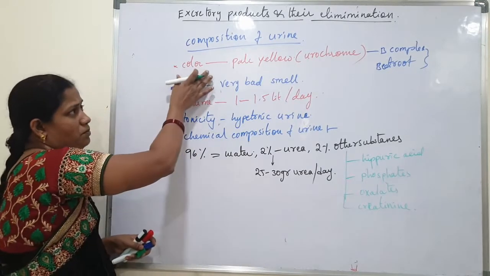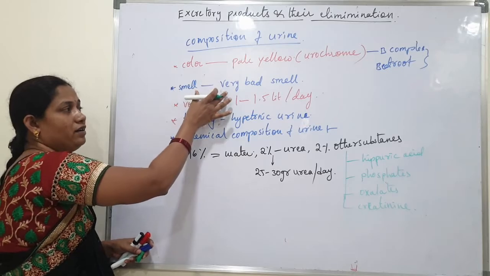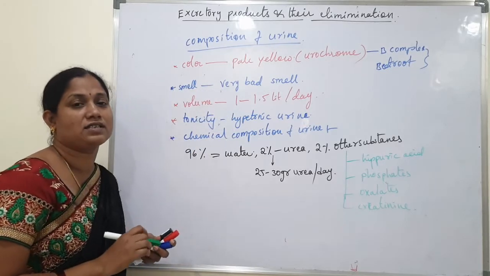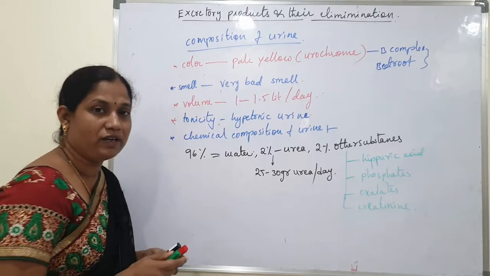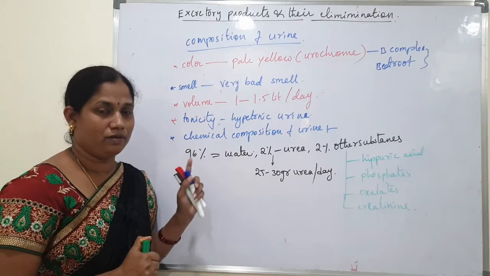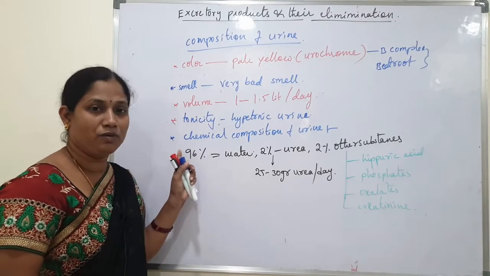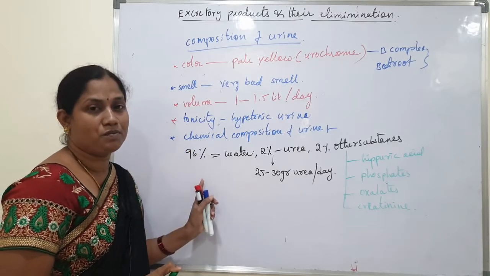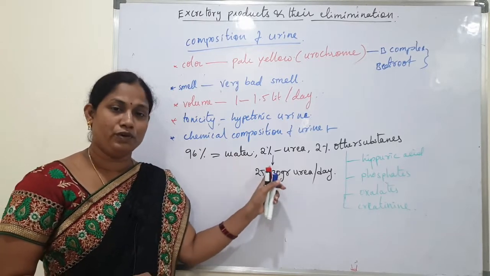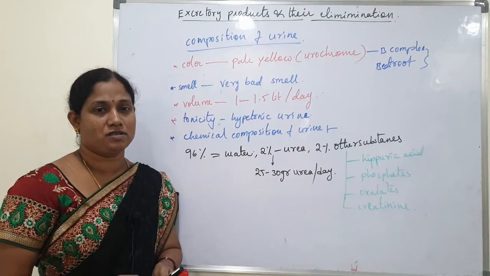Urine is generally pale yellow in color. It gives a very bad smell. A healthy person can excrete 1 to 1.5 liters per day. Hypertonic urine is produced in mammals, in human beings also. Chemical composition: 96% water, 2% urea, and 2% other substances are present.